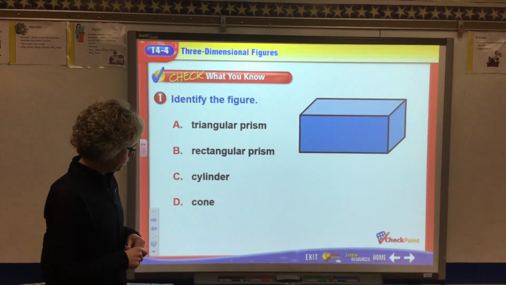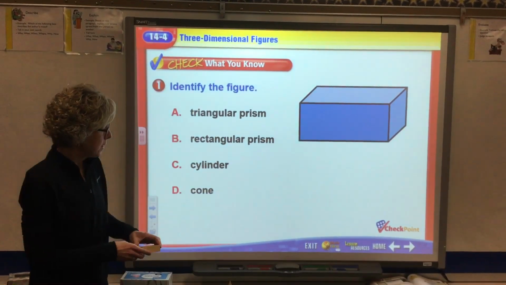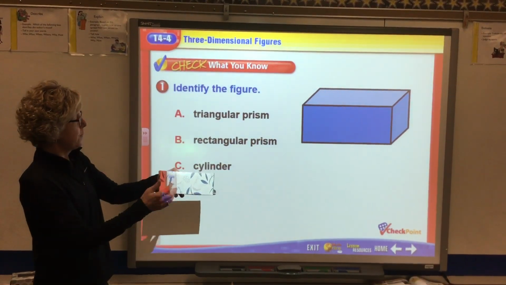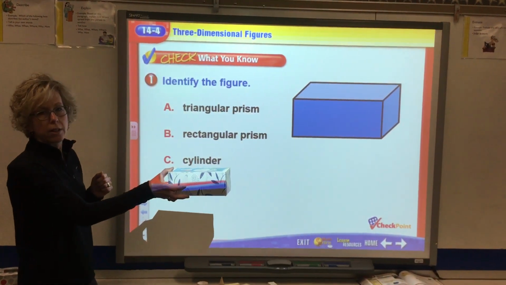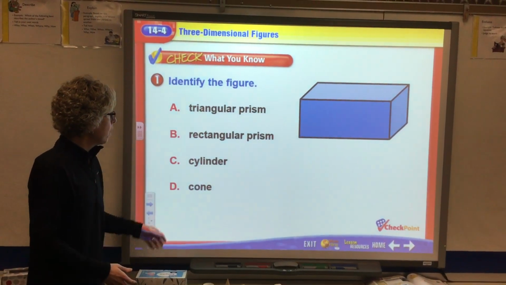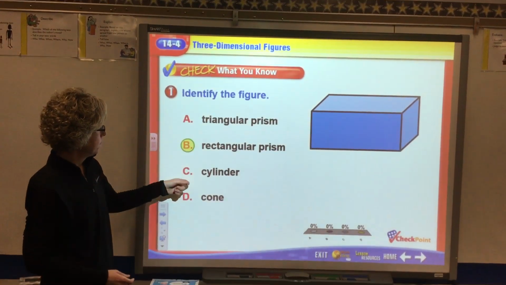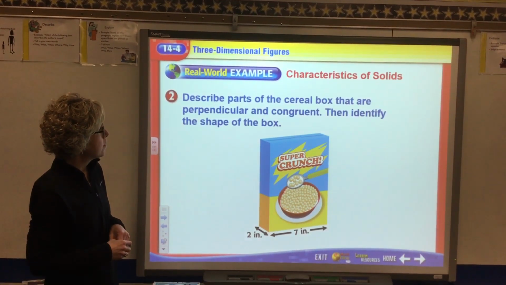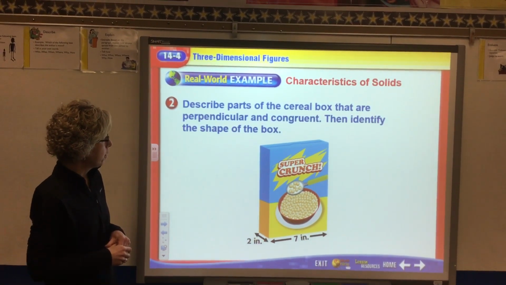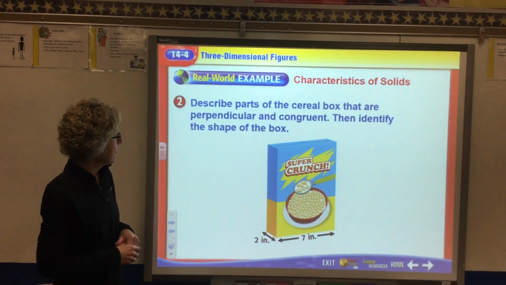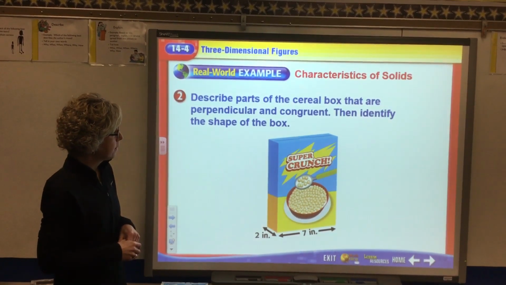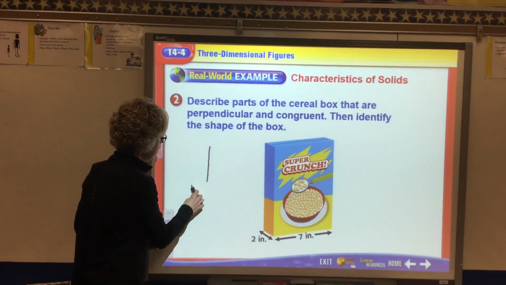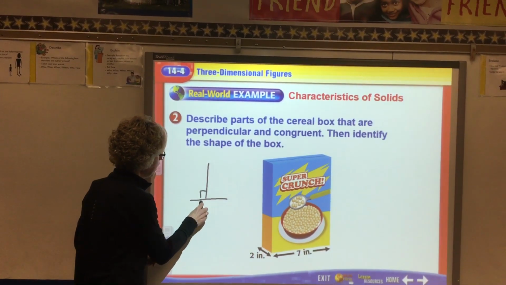Looking at this figure, you have 6 faces, right? And this face would be parallel to this face, and so on. We know that this is kind of like our Kleenex box, and that is an example of a rectangular prism. Now describe the parts of the cereal box that are perpendicular and congruent, then identify the shape of the box. What we remember about perpendicular is when things are perpendicular, they form those 90-degree angles.